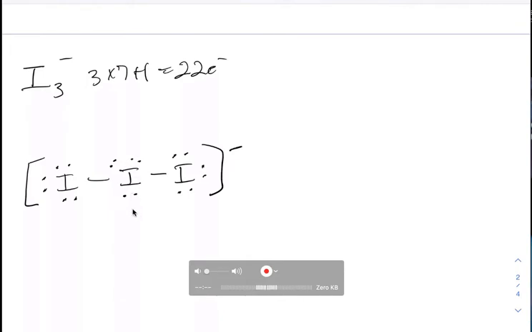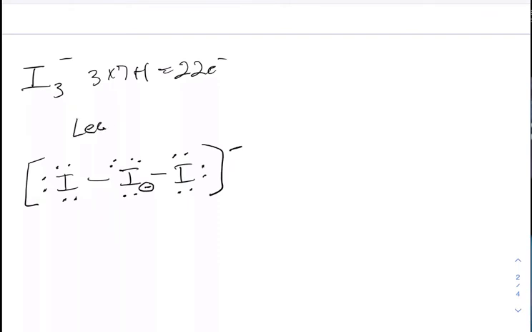So the central iodine does have the negative formal charge. So we can give it the little negative symbol with the circle around it for the negative formal charge. So that would be our full Lewis structure for that molecule.